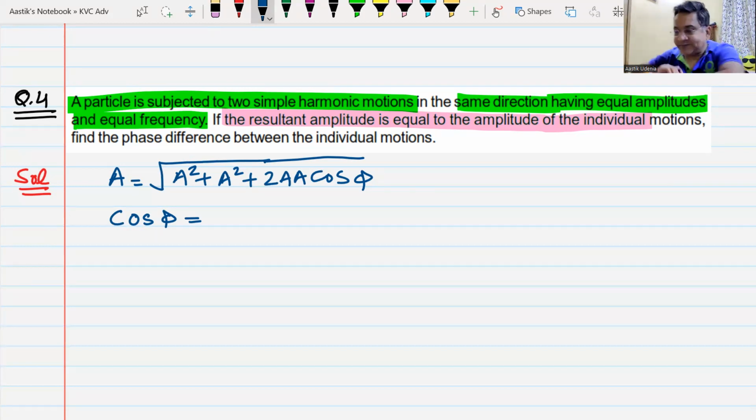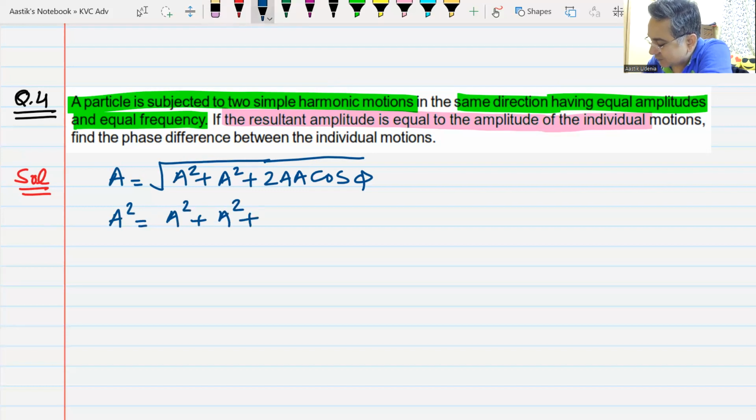Take a deep breath. Should I solve this for you? So I can write this as: A square is equal to A square plus A square plus 2A square cos of phi.